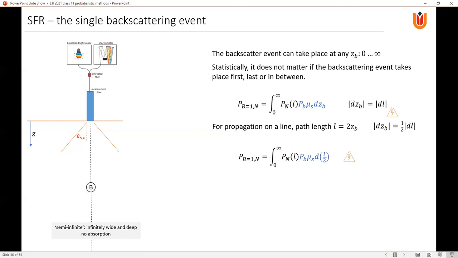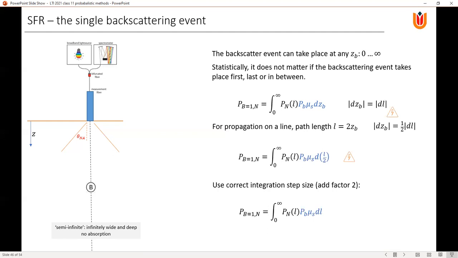I'm not going to go into too much detail for this, but if we would substitute DZB, then it does not work. We have to really work with the DL steps. I know this is a little bit sloppy.